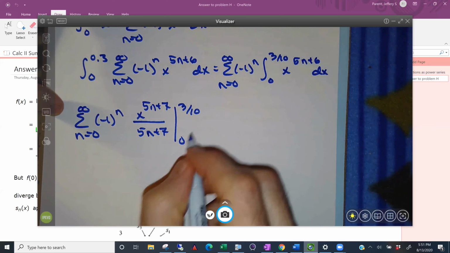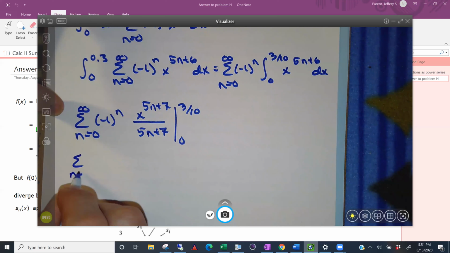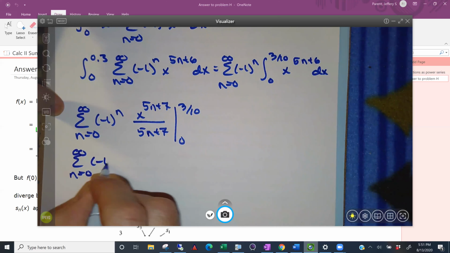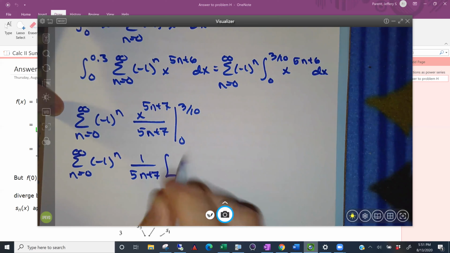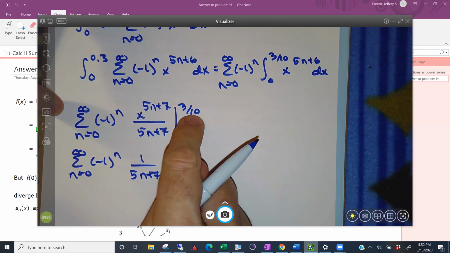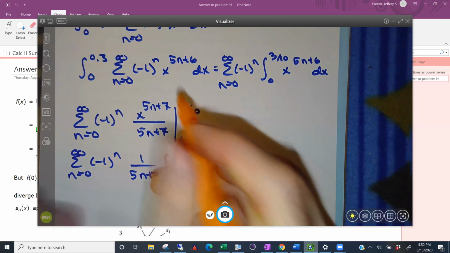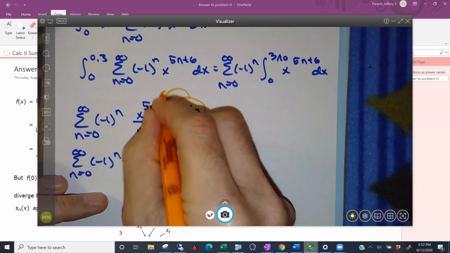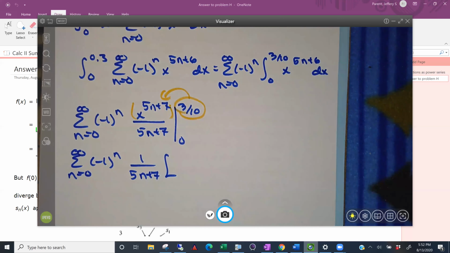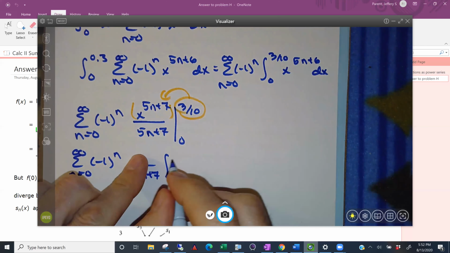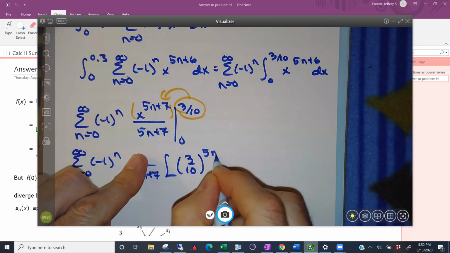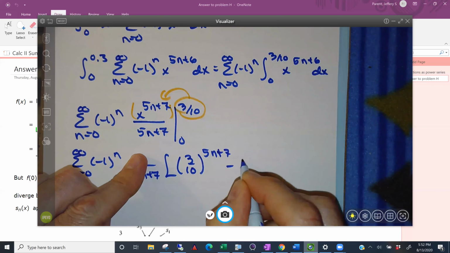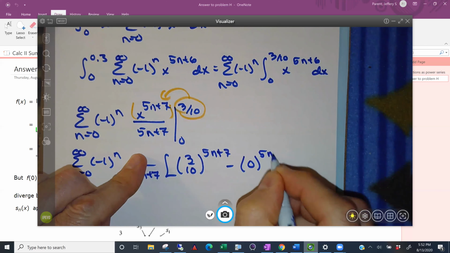This is going to be the sum from n equals 0 to infinity of -1 to the n, 1 over 5n plus 7. That's a constant. I need to plug in values of 0 and 3/10 into this expression. So I'm going to have 3/10 to the 5n plus 7 minus 0 to the 5n plus 7.